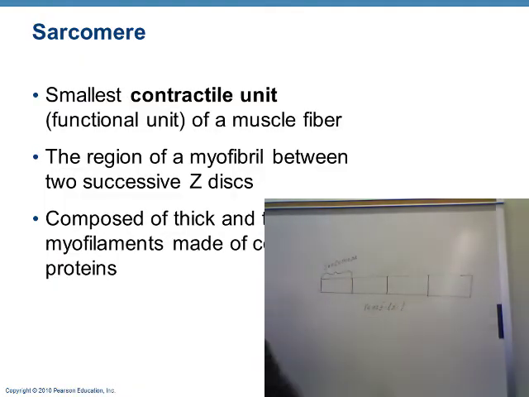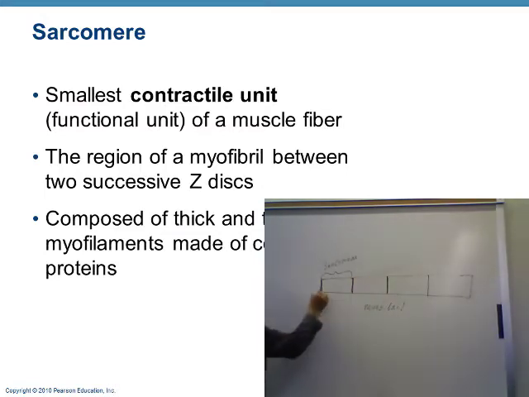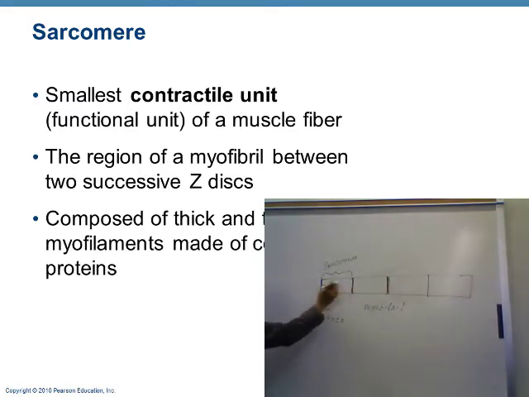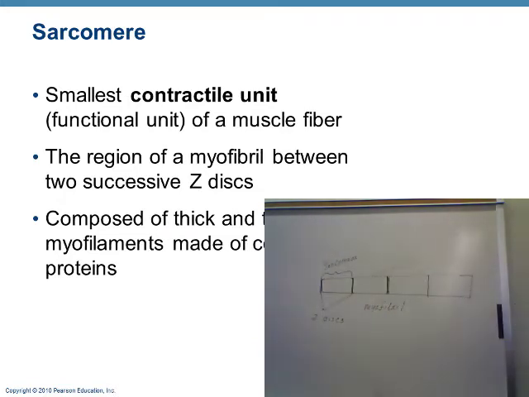The same thing is repeated in the myofibril. And the sarcomere is bounded by Z discs. This is one Z disc, this is another. In between two Z discs, the area is a sarcomere.